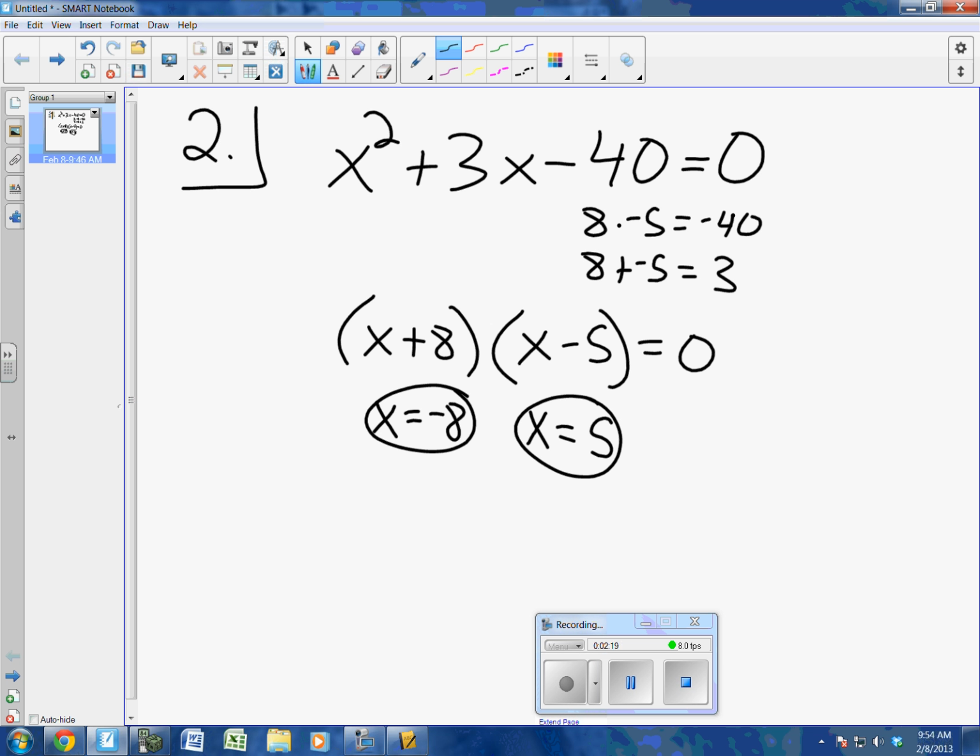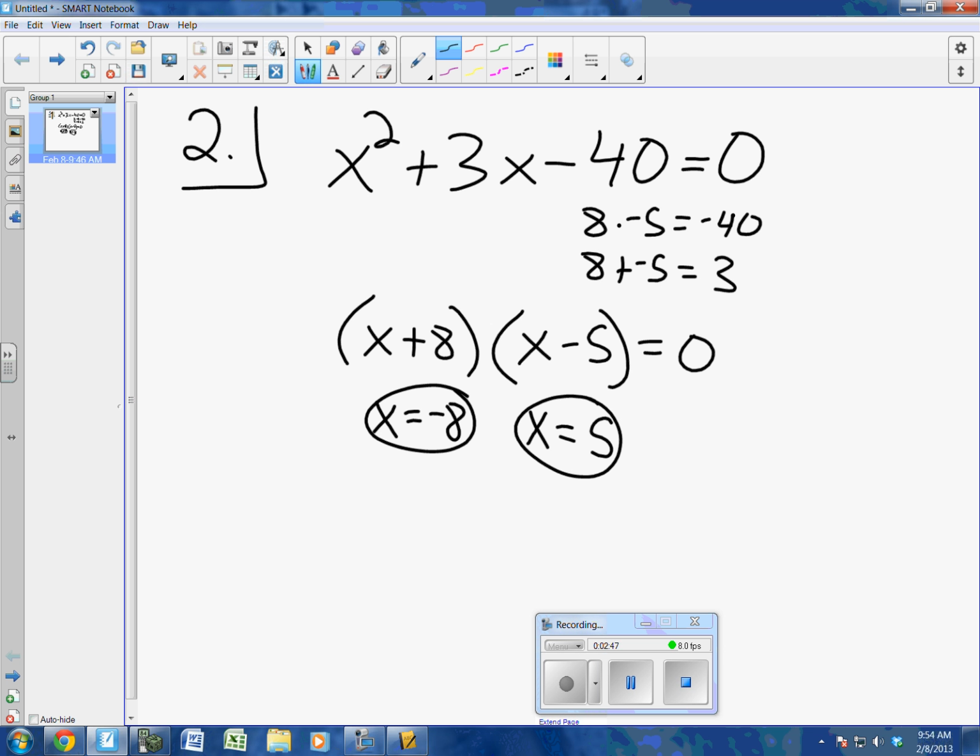Number 8. You guys, I'm not going to do both number 3 and 8. I'm going to say this about number 3. That one is factorable. But notice that number 3 has a 2 in front of it. I could do it fastest by factoring myself, but if you guys aren't as versed in factoring as I am, it might be easiest for you to do it by the quadratic formula.